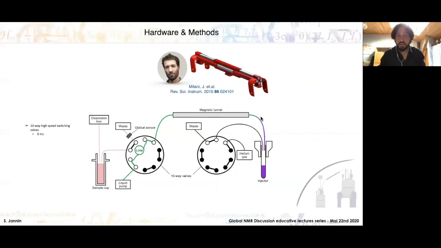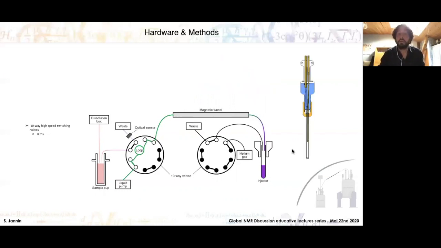So we have a very high flow, high pressure liquid pump that can push the sample very rapidly through a magnetic tunnel. The idea of the magnetic tunnel is that the solution does not go to very low field. It has to stay in a certain field. In this case, it's about 0.9 Tesla or so. So the magnetic tunnel sustains a high field, and then you can inject it in a home-built injector. This is, for example, the injector that was built by Morgan Cellier in our lab.